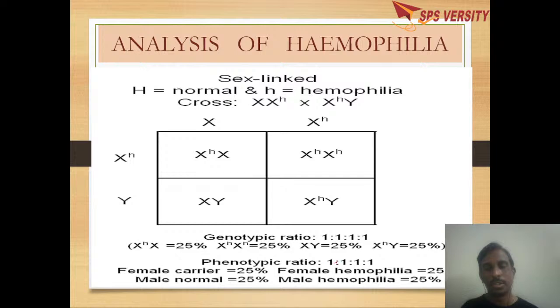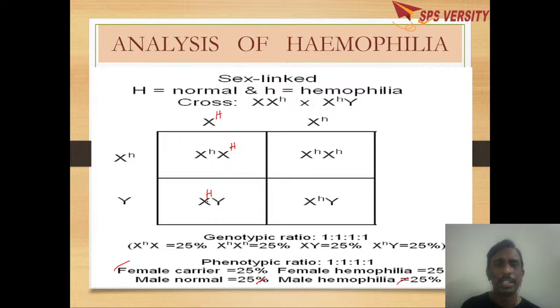That is, the ratio is 1:1:1:1. In females, one is carrier, one is hemophilic. And in males, one is normal, one is hemophilic. So you can write like this.